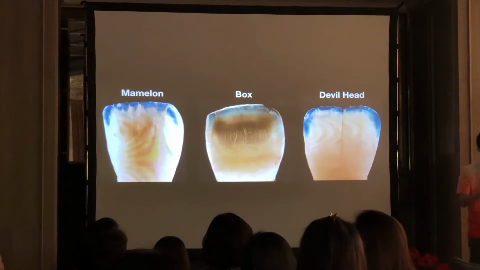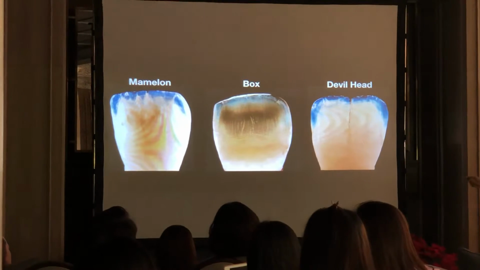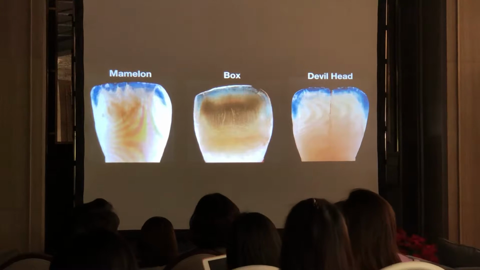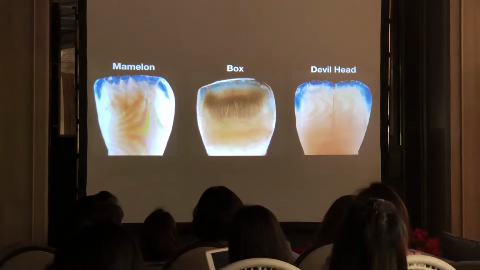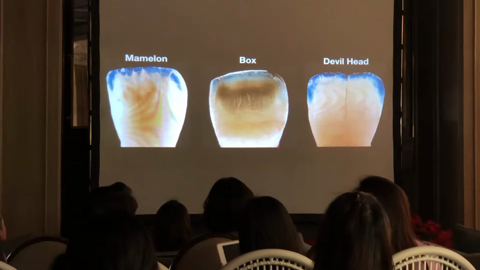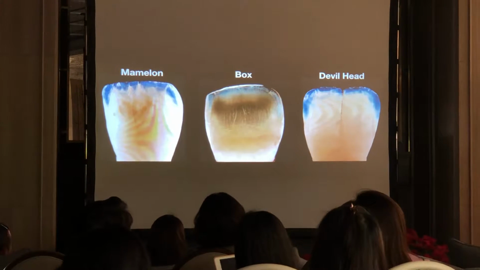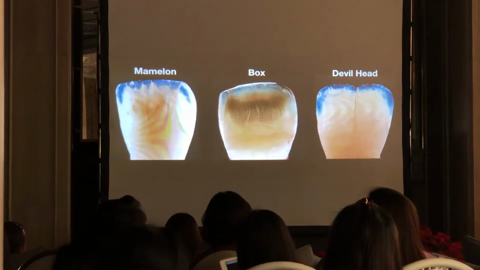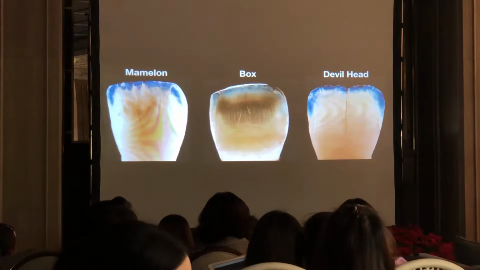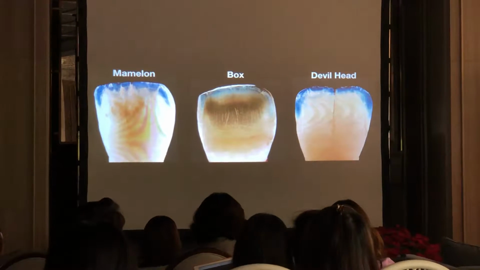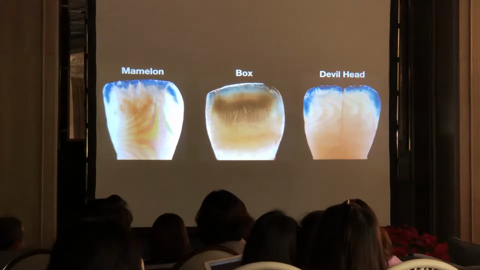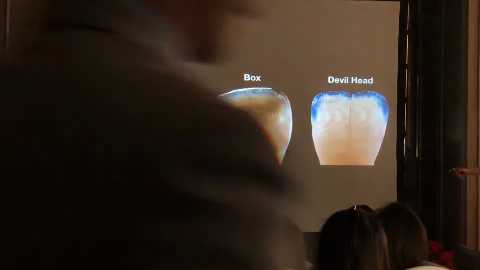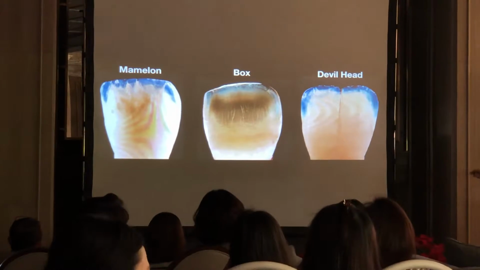So if you see this kind of incisal edge, please layer it. But I have not had many of this kind of patient. In 1 year, perhaps 5 to 6 patients will be devil head type. The rest, 99%, will be in these 2.